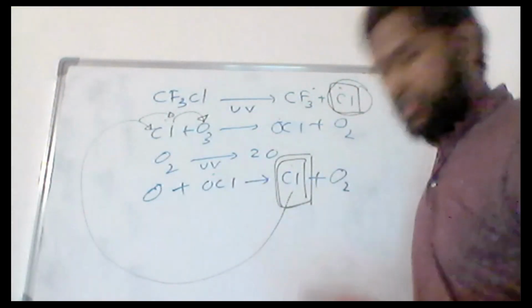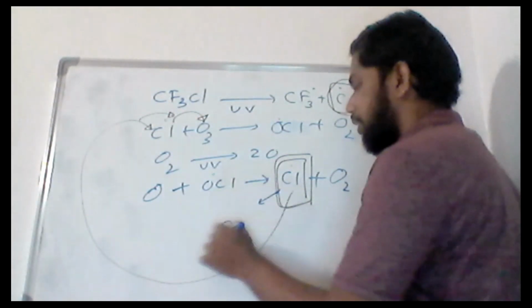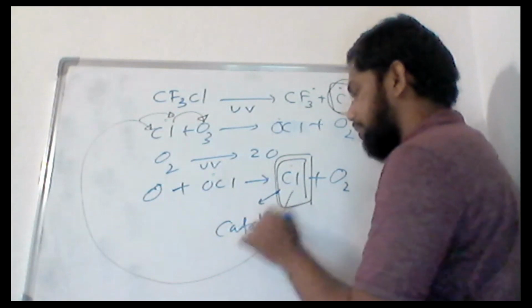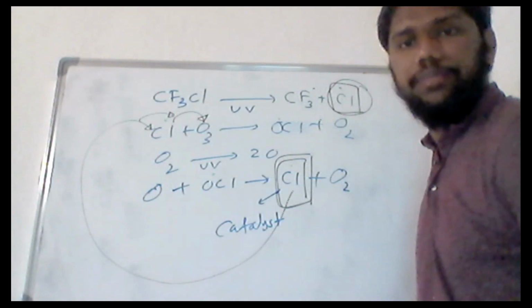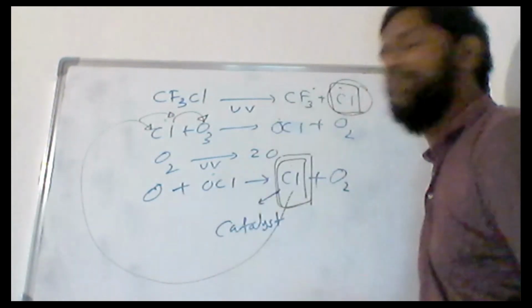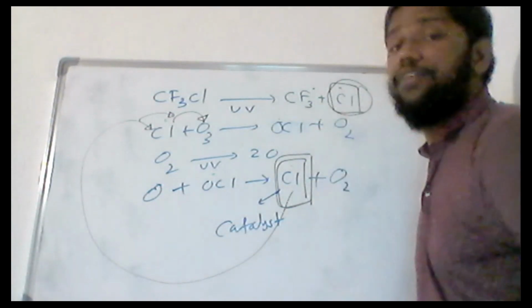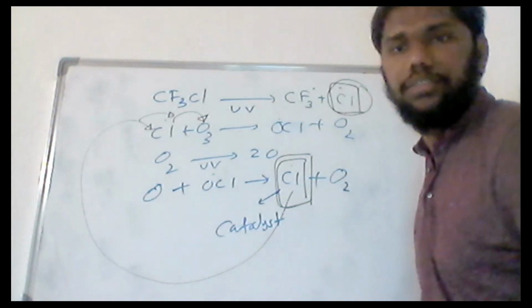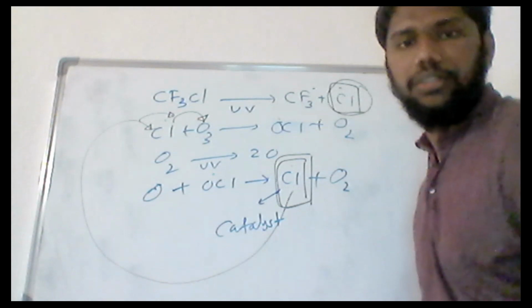So you can see this Cl radical acting as a catalyst, which allows this reaction to happen as a chain mechanism that is continuously forming. So this is why CFCs are more dangerous, because all the ozone will be gone.